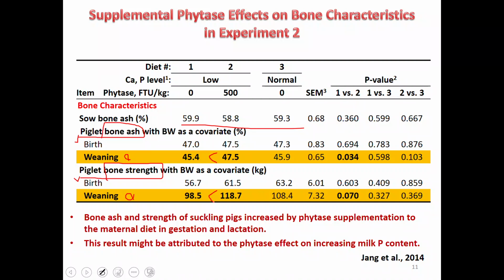Bone strength increased, okay, when you supplemented diet with 500 FTU of phytase.